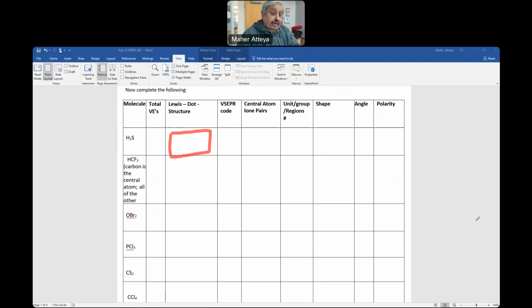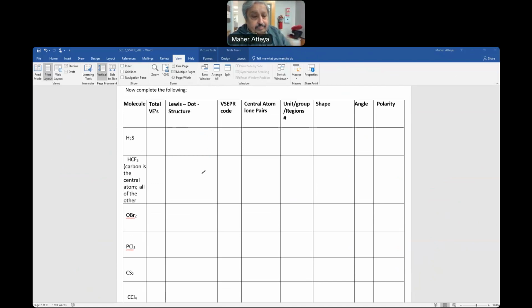Now, without looking at the website, we can determine the shape, correct? So let's look at the shape of H2S. What's the name of H2S? Dihydrogen sulfide, according to the covalent nomenclature.